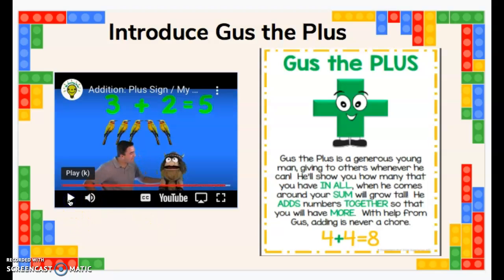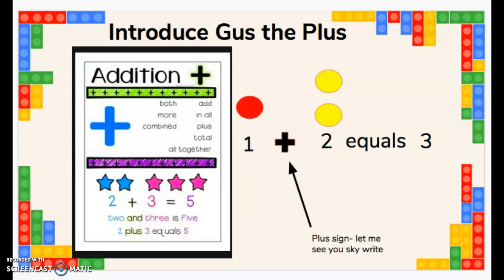Great job. All right, so if we look at this, we can see that we are working with addition, which is why we're using the plus sign. And the plus sign means both, more, combined, add, in all, plus, total, or all together. If you look down here, we had 2 blue stars, plus 3 pink stars equals 5.